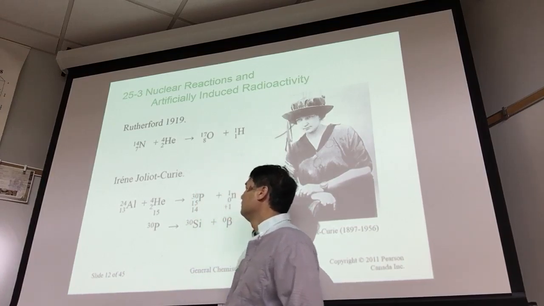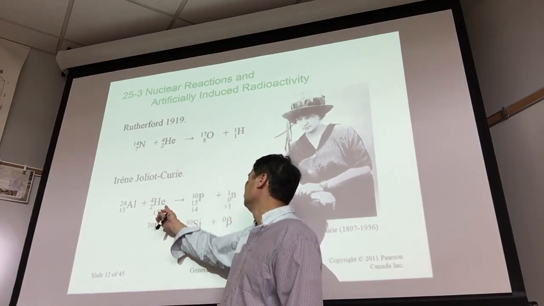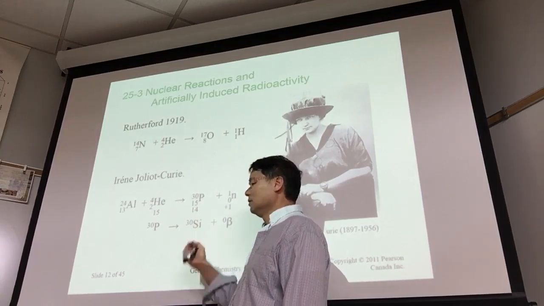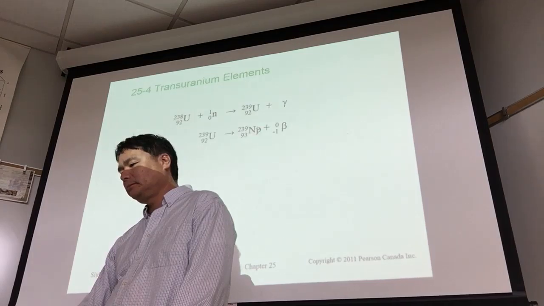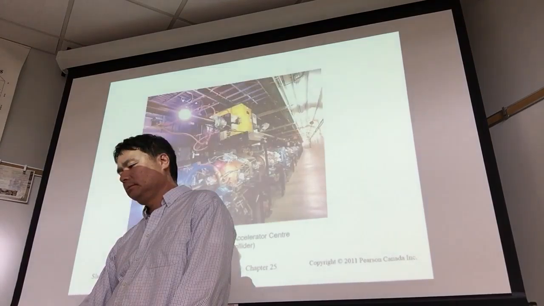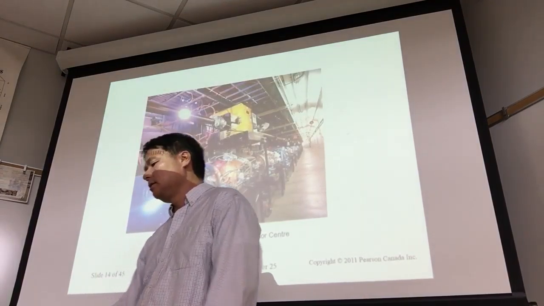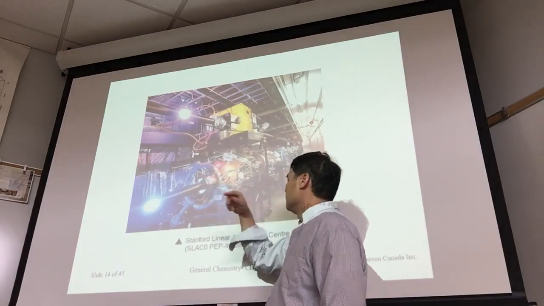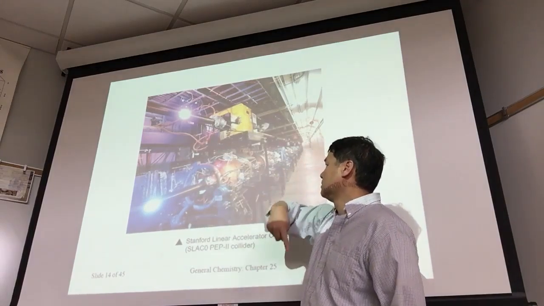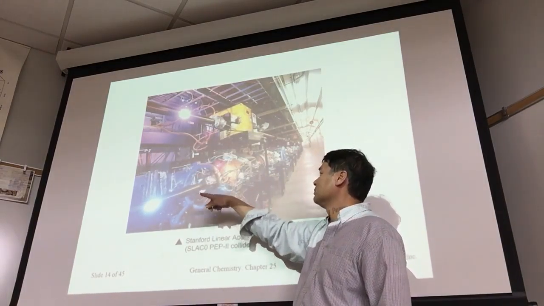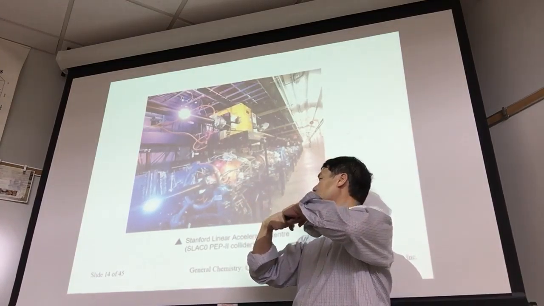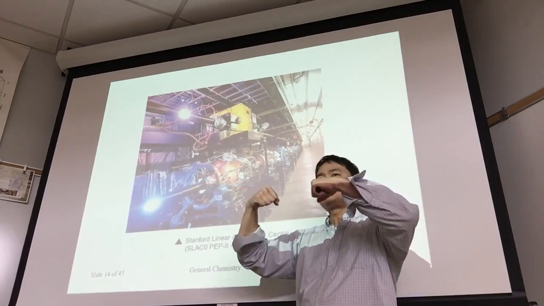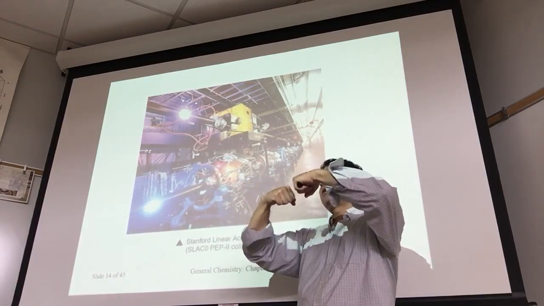And so typically, when doing nuclear synthesis, we usually use something like this, a linear accelerator, or a cyclotron, which is a circular accelerator. One way you can overcome the repulsion between the two nuclei is to accelerate them to very high velocities so that there's going to be a gigantic collision.